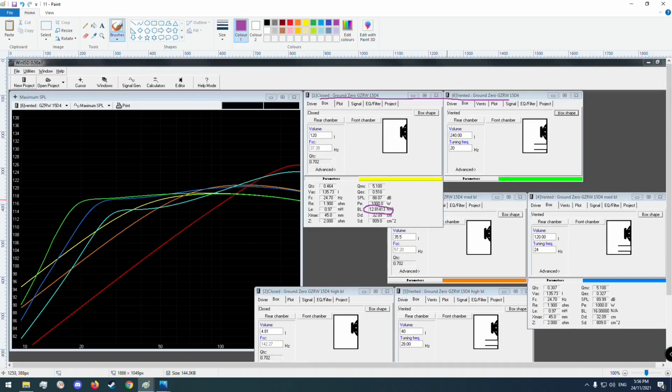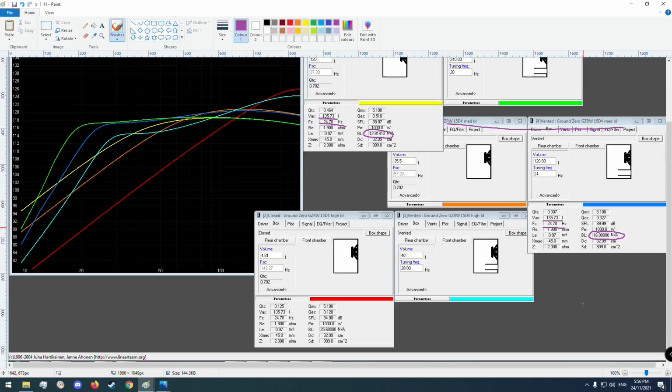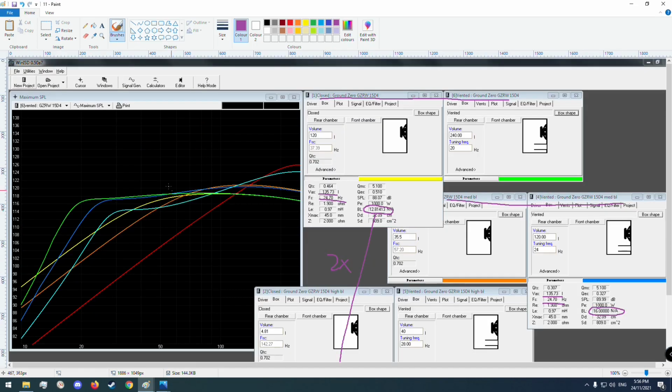Everything else is kept the same, so you can see they've all got the same VAS and the same resonance, but this one just has a higher BL. So I basically put in that it's got a stronger magnetic field than it actually has. This third example down here has the strongest magnetic field, double the original figure of 12. And right here we can see basically a plot of how loud they are relative to each other.